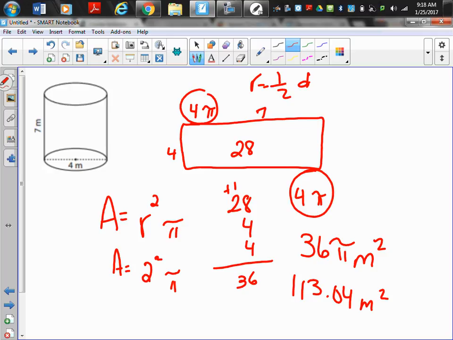If you know those three formulas for area, you can find anything else out using it. You have to have those three formulas memorized.